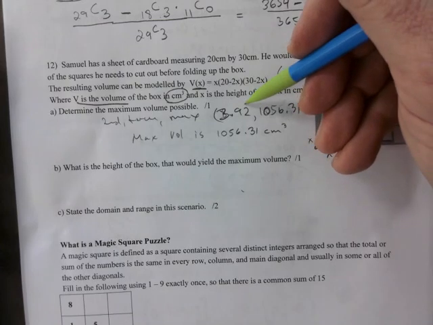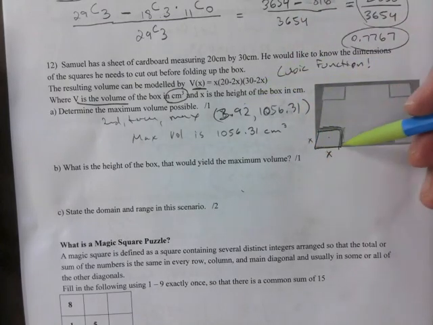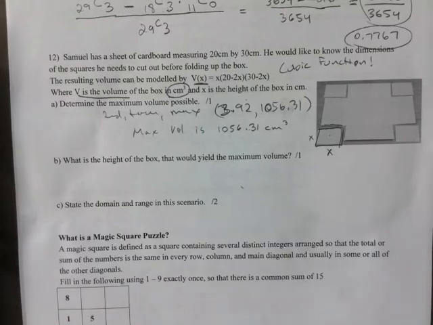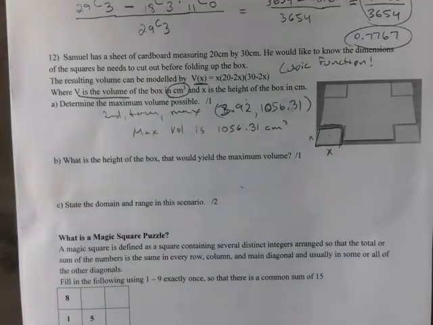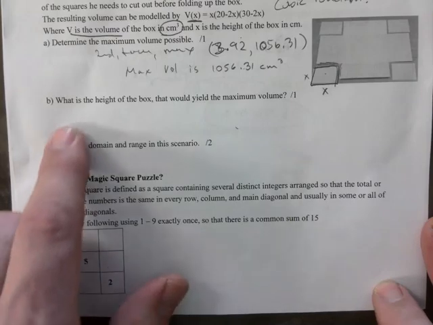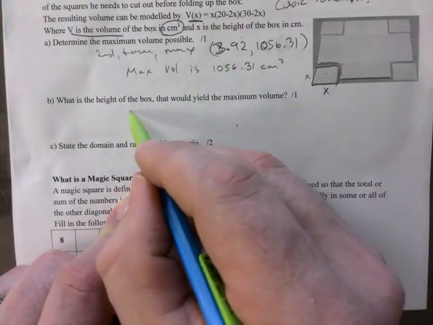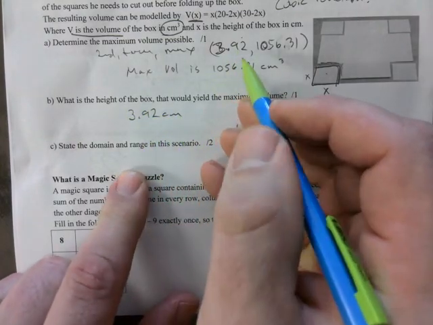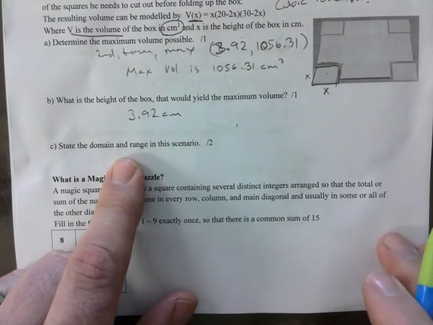If a square of 3.92 by 3.92 is cut out, you're going to get a box with a maximum volume of just over a liter. A liter has 1,000 cubic centimeters, right? So, what is the height of the box that would yield the maximum volume? Right here it is, 3.92 centimeters. I just got it from the previous question, and there it is.